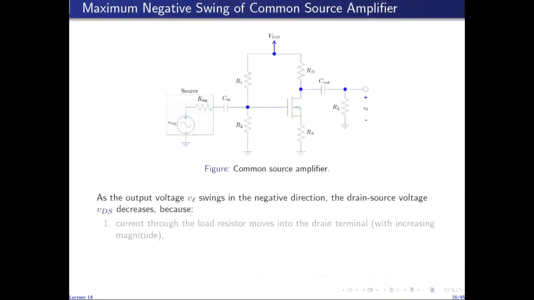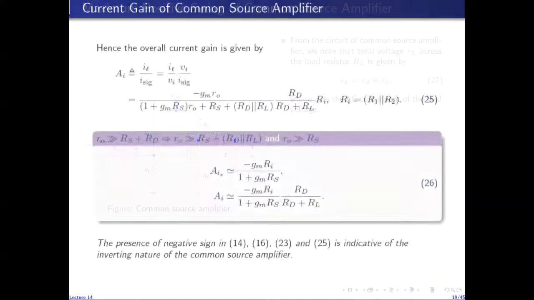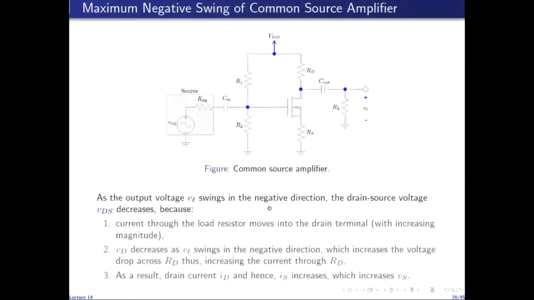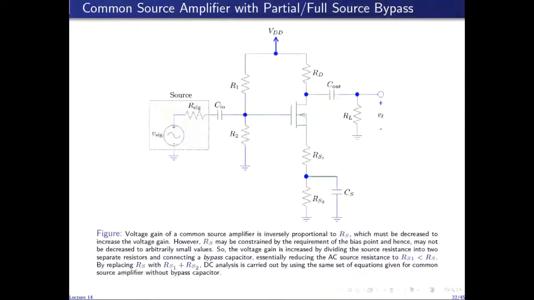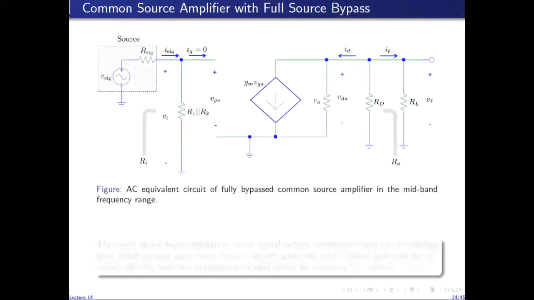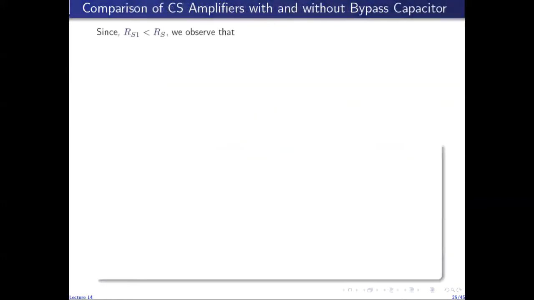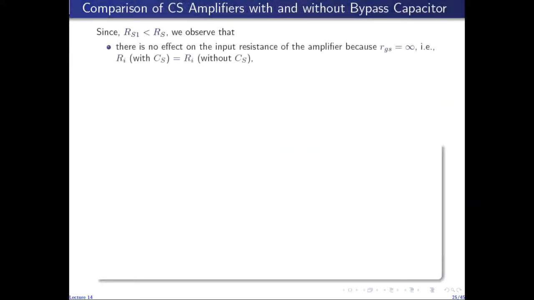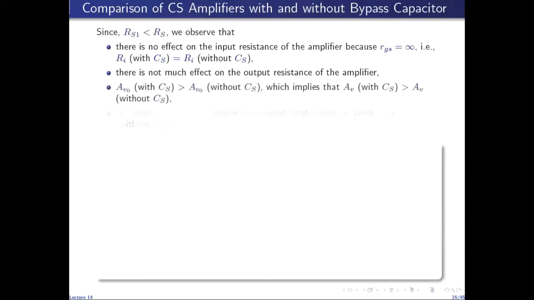If I go back to the expression, you see it is inversely dependent on the resistance in the source branch in the AC equivalent circuit. So by reducing the AC resistance in the source branch, we can increase not just the voltage gain, but also the current gain.